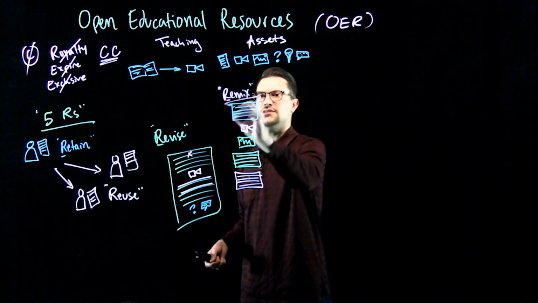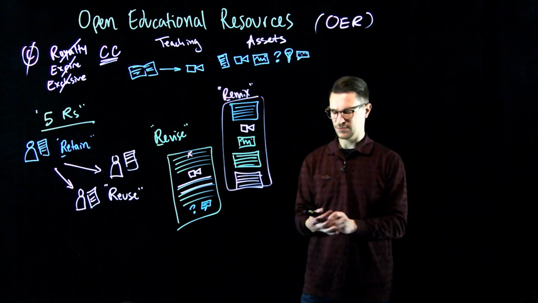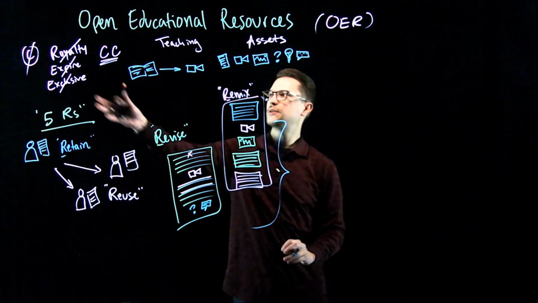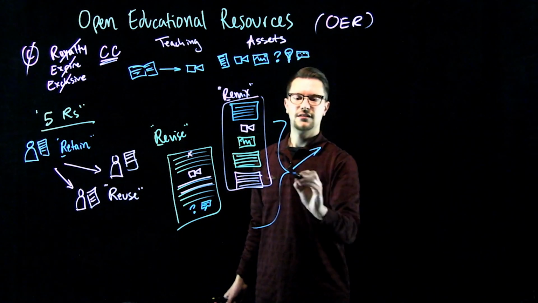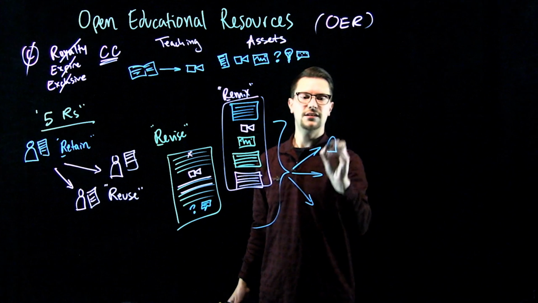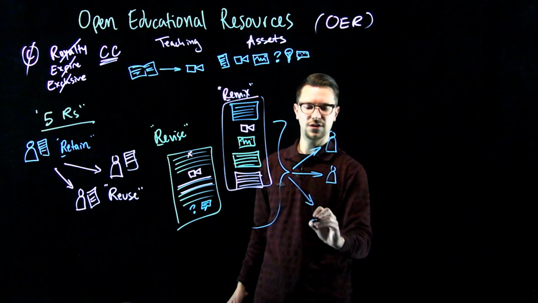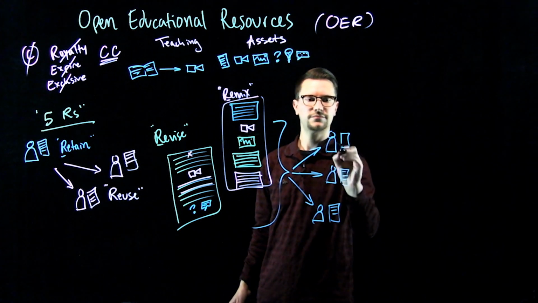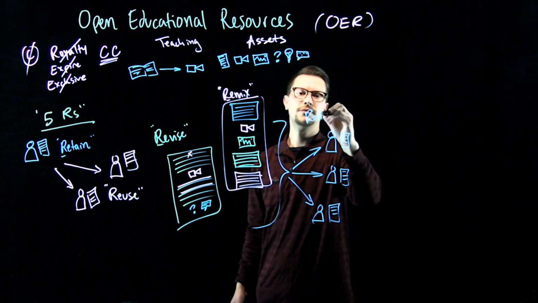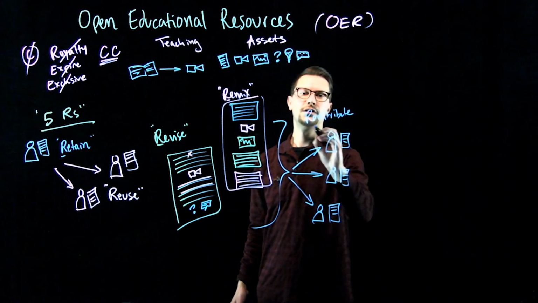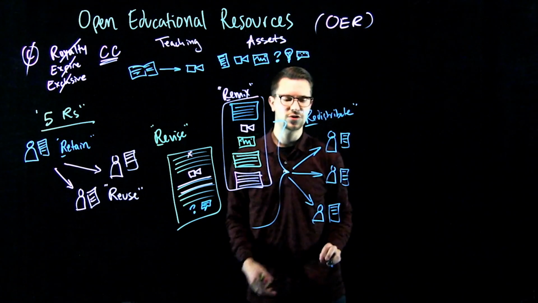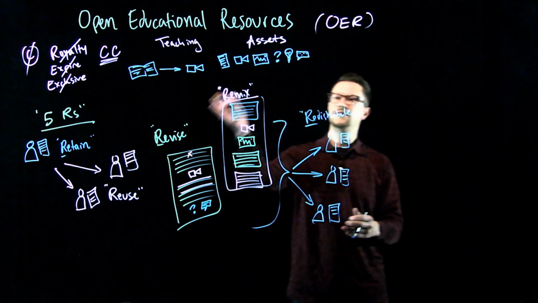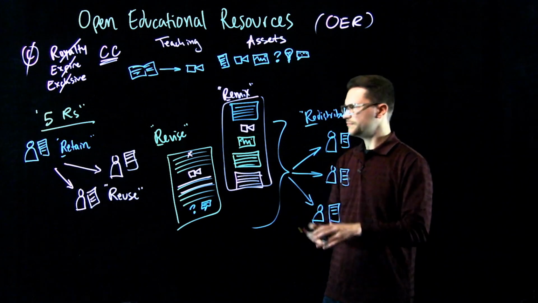And once those instructors have revised and remixed those materials, they, of course, then, since this is all following from an open license, have the right and some would say duty to redistribute, our fifth and final R. Redistribute those materials to other instructors who can then reuse it, revise it, remix it, redistribute it, and so on.